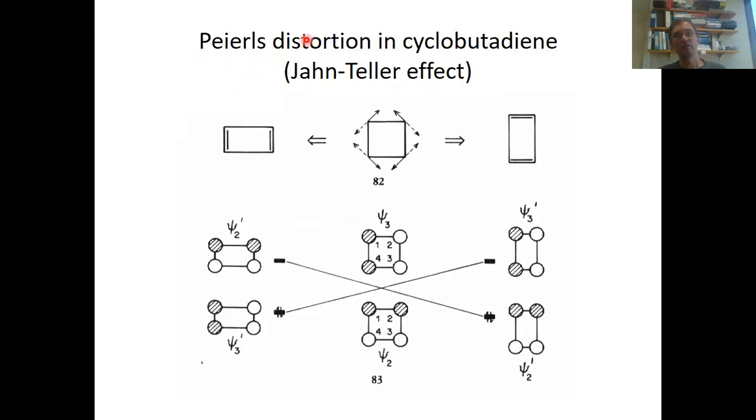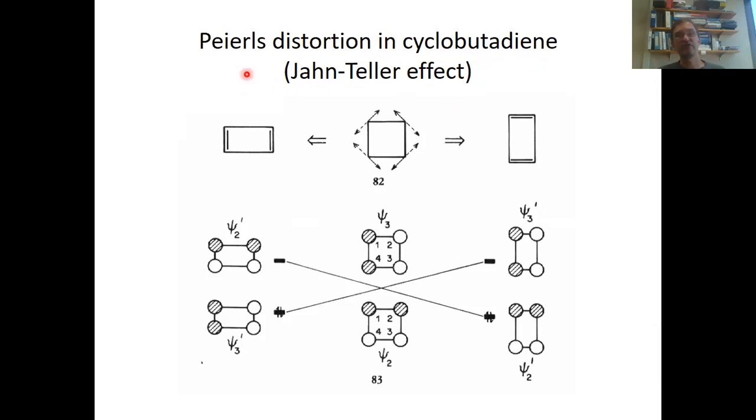Both are actually the same phenomenon, just that we usually talk about the Jahn-Teller effect when we talk about molecules, while we talk about the Peierls distortion when we talk about extended solids. Okay, so let us briefly review the Jahn-Teller effect for the example of cyclobutadiene.